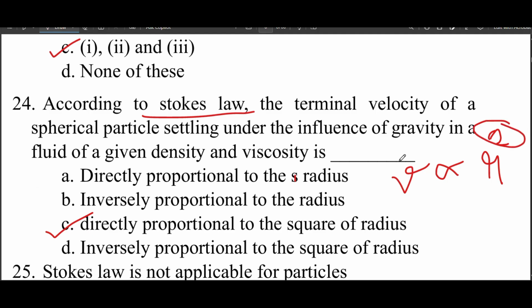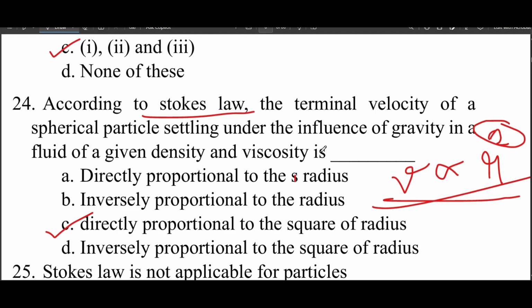It is an important question. From Stokes law, this question is repeatedly asked, because it is somewhat easy level. The terminal velocity of a spherical particle which falls under the influence of gravity is directly proportional to the square of radius.